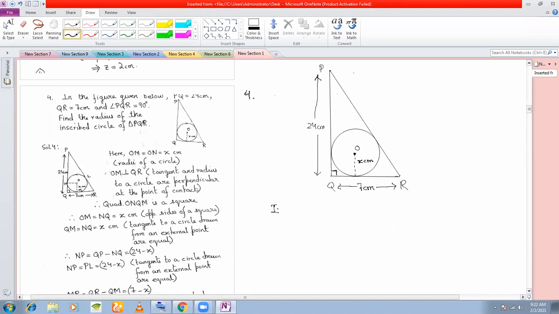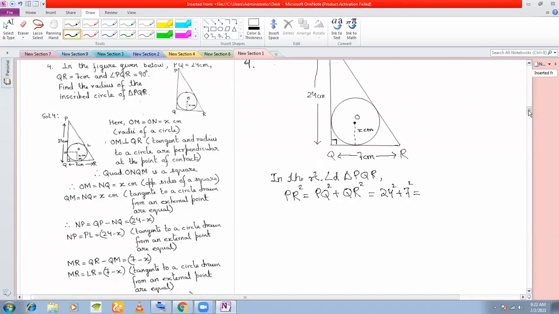So I say in the right angled triangle PQR, PR square is equal to PQ square plus QR square, which is equal to 24 square plus 7 square.